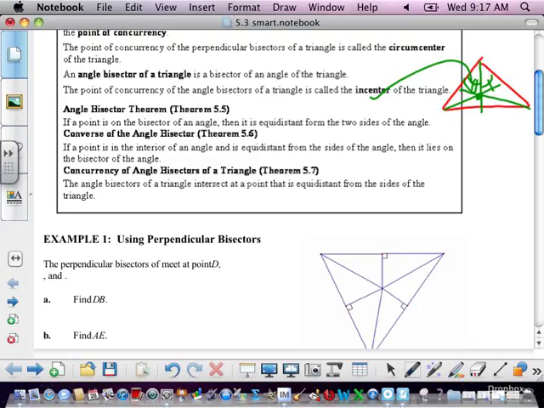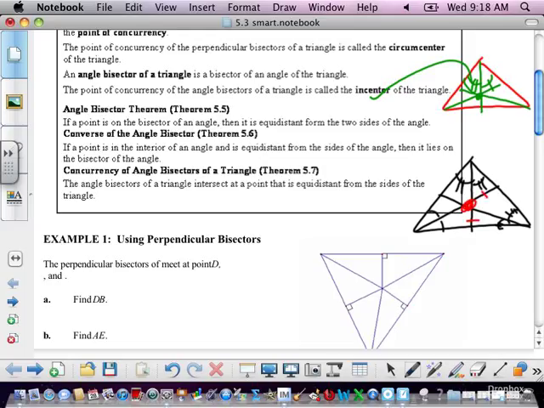So if we're looking at angle bisectors and the incenter, we cut all of these in half. This point right here where it meets, all of the lines are equidistant from the sides.